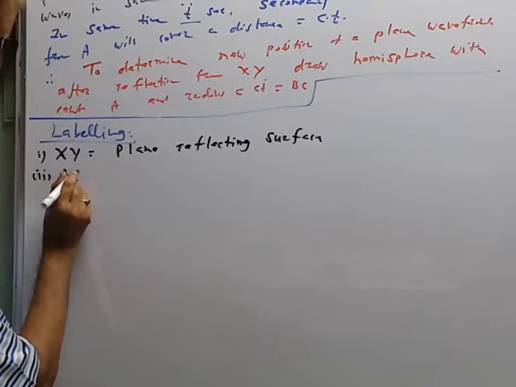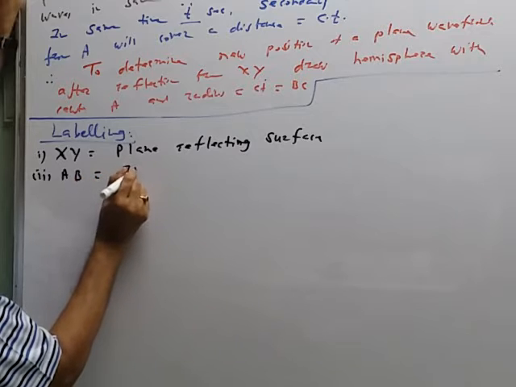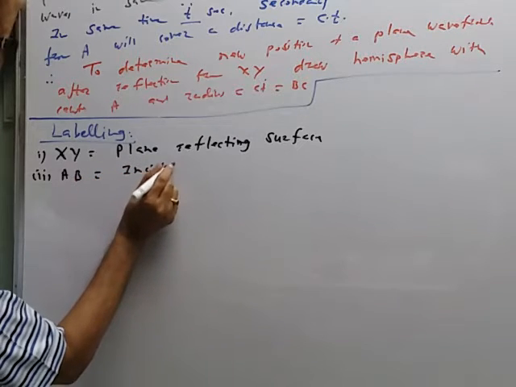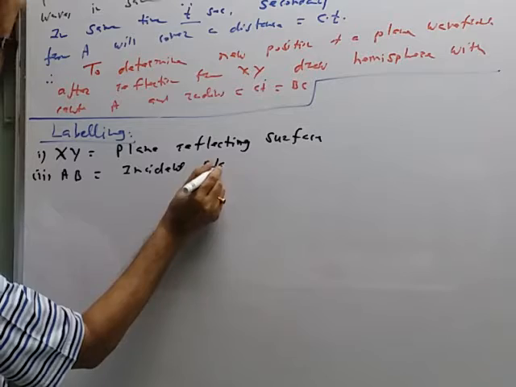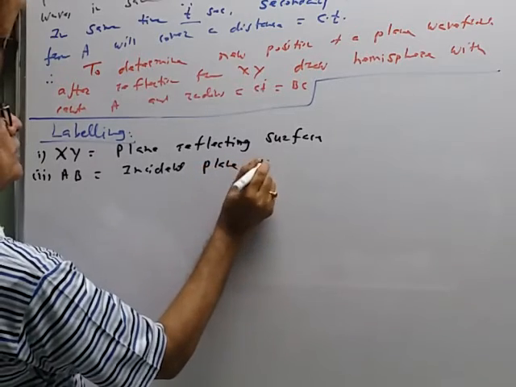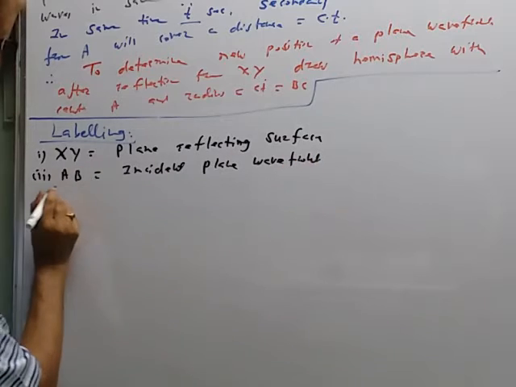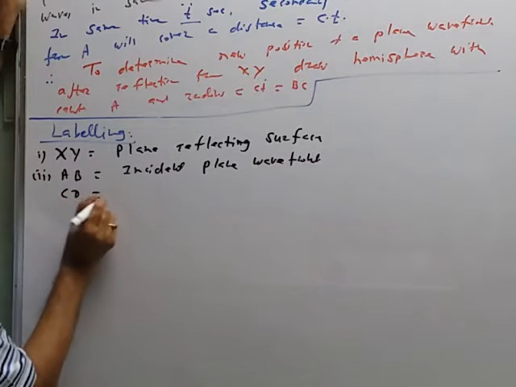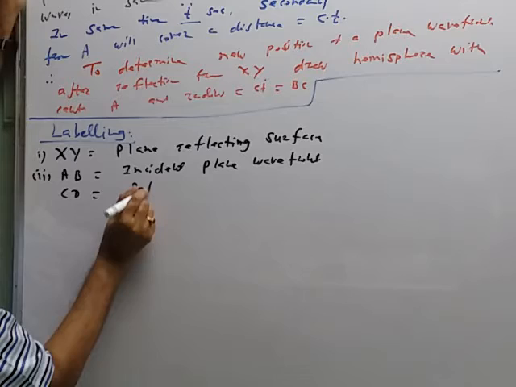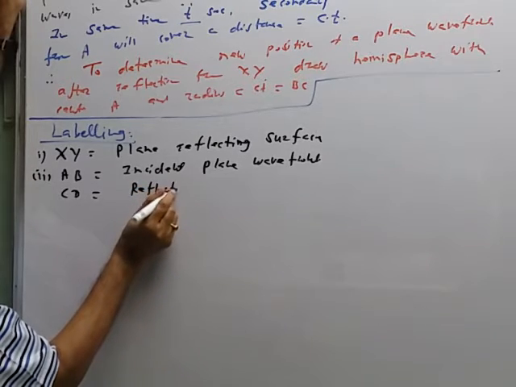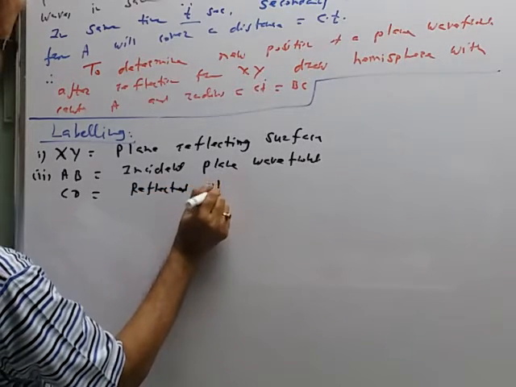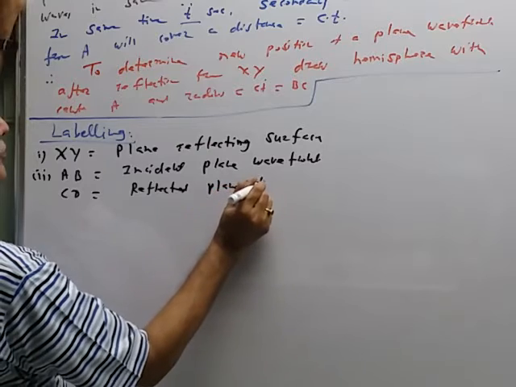Second, AB is equal to incident plane wavefront. CD or reflected plane wavefront.